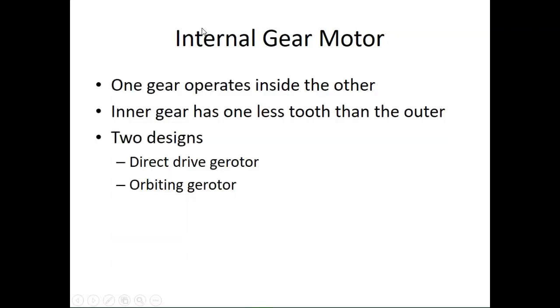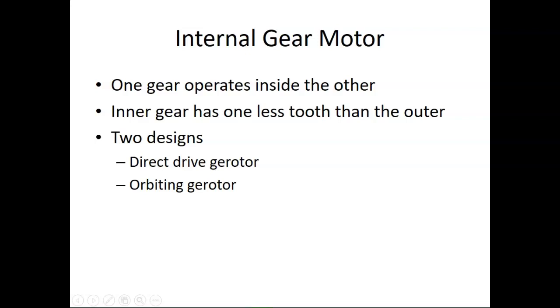then you have the internal gear motor, which is a single inner gear that has one less tooth than the outer gear. You have a direct drive or an orbiting. I can't tell if they meant to put gear rotor or just rotor. That is interesting.